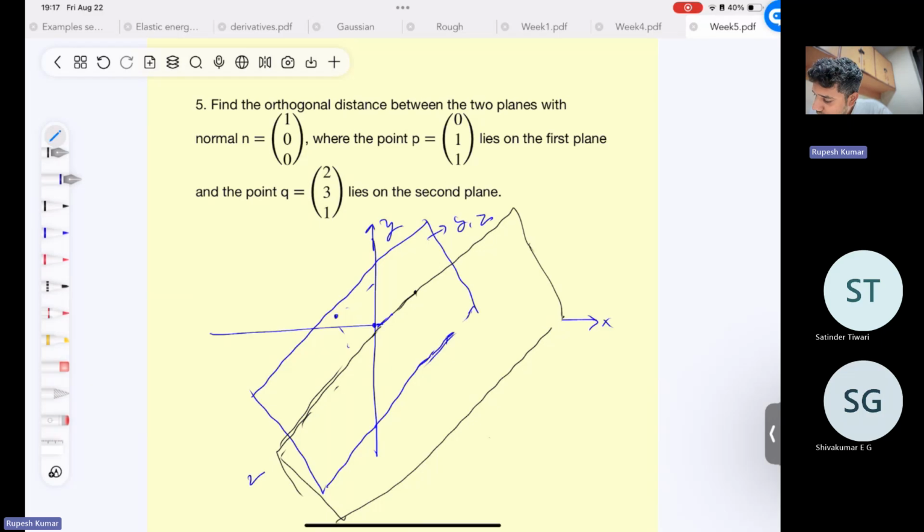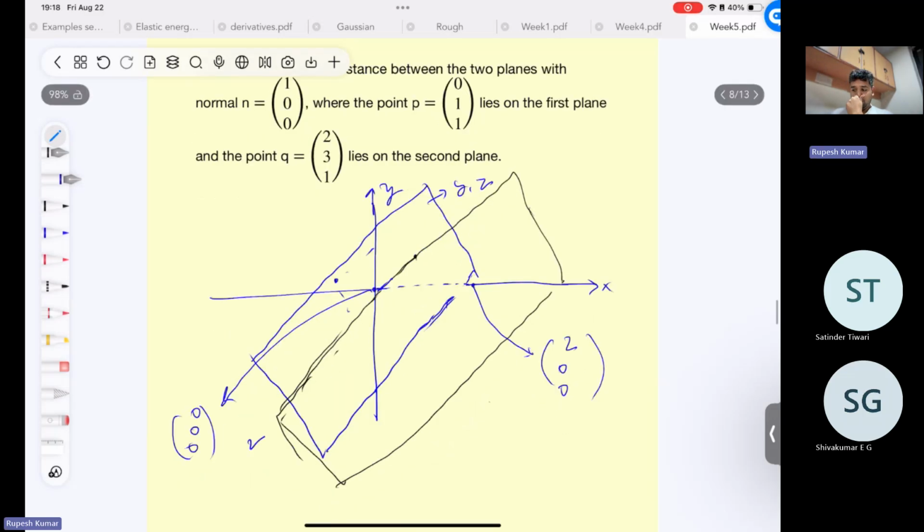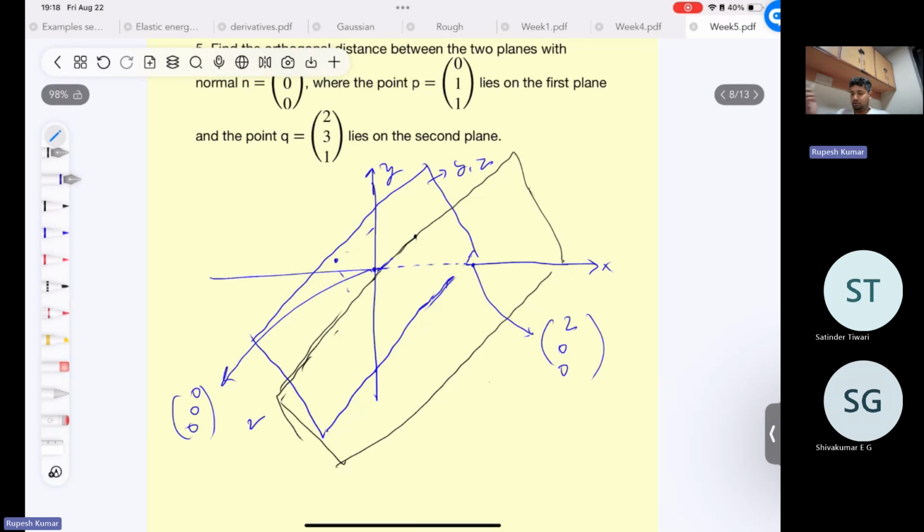So let's say it is hitting at point 2 here, right? So yeah, this is how it looks like. So this is the point 0 here, origin, and this is the point where it hits the second plane, which is 2, 0, 0. So we all know the perpendicular distance is 2, right, everyone? Geometrically we can see the answer is 2. Is this clear?